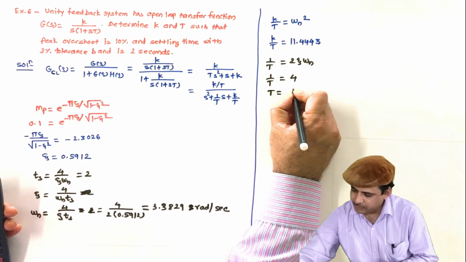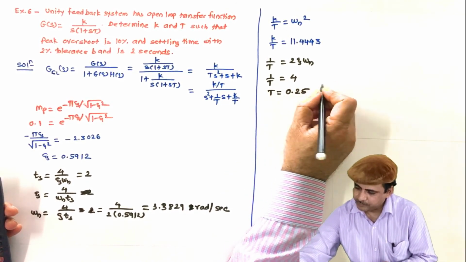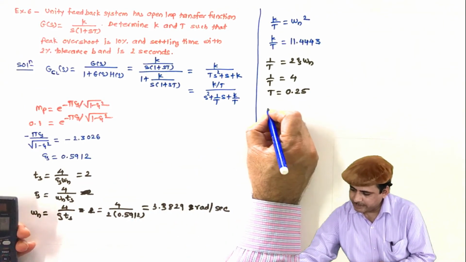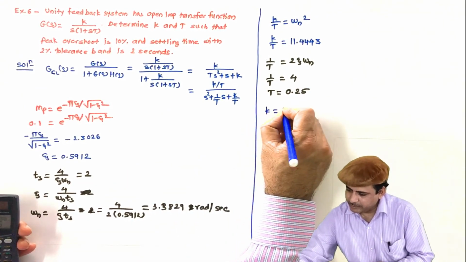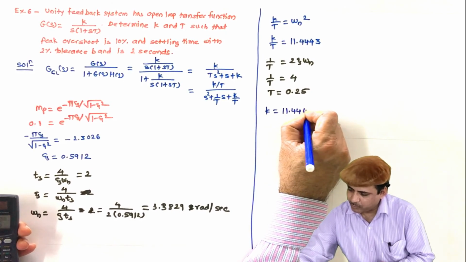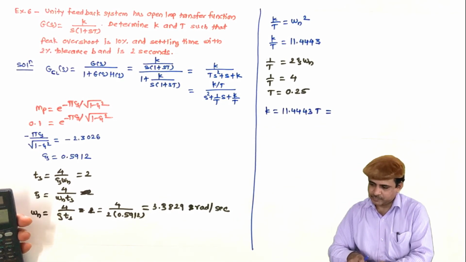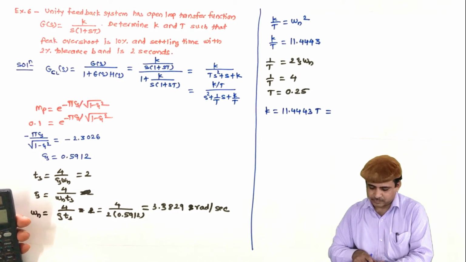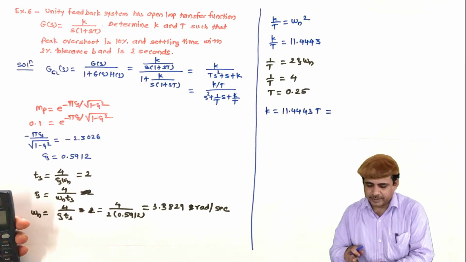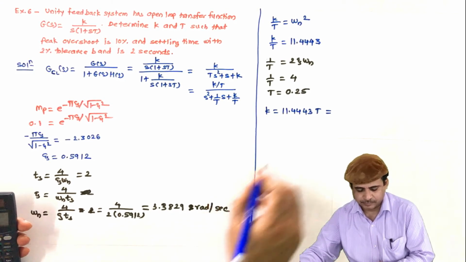So T is equal to 0.25, and then k is equal to 11.4443 into T, that is 2.8611.